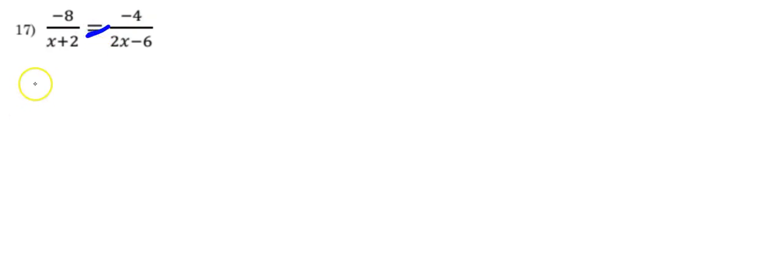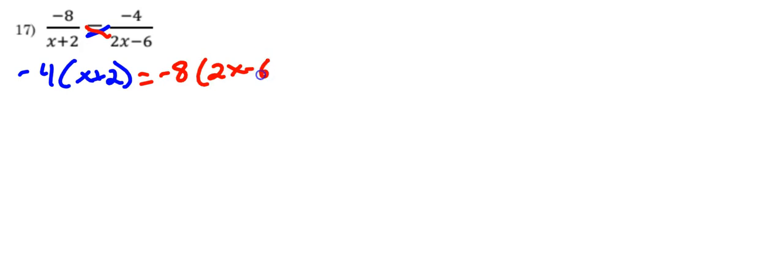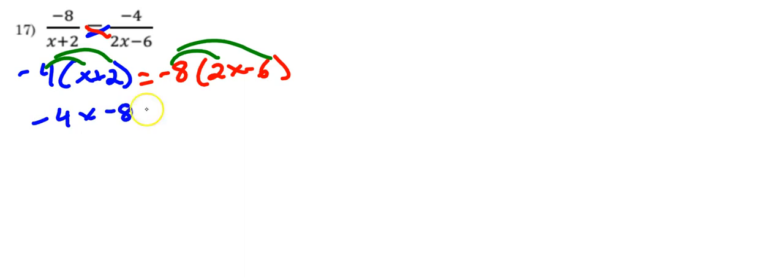It's that one, negative 4 times the quantity x plus 2, and this one, which is equal to negative 8 times the quantity 2x minus 6. Distribute each of these, and you would get negative 4x minus 8 equals negative 16x plus 48.